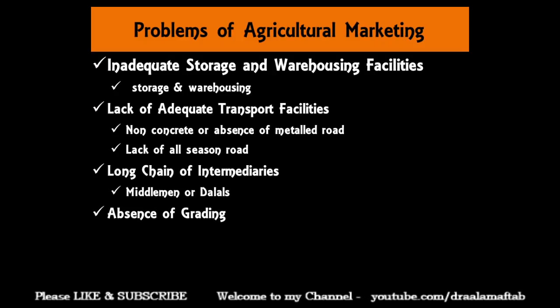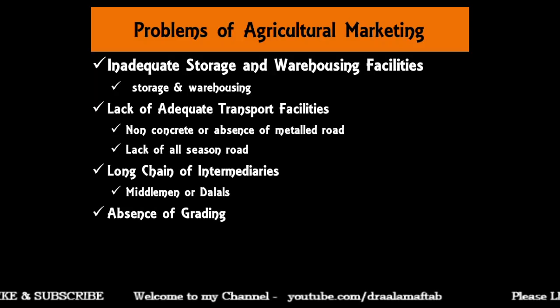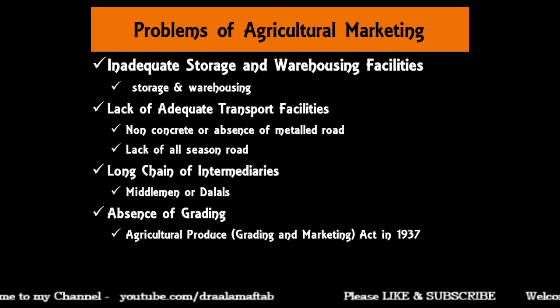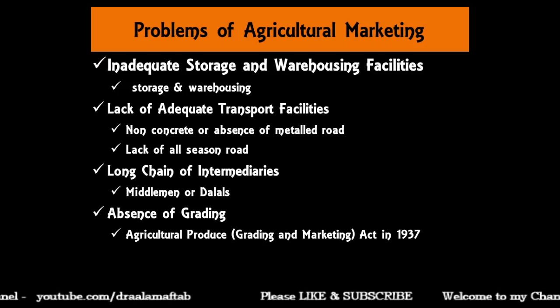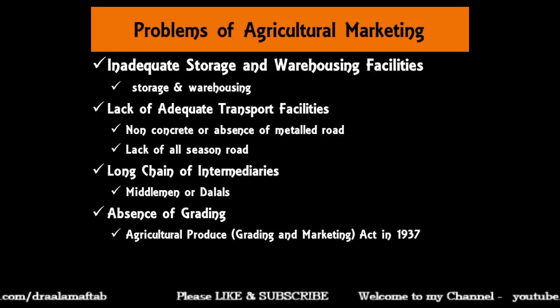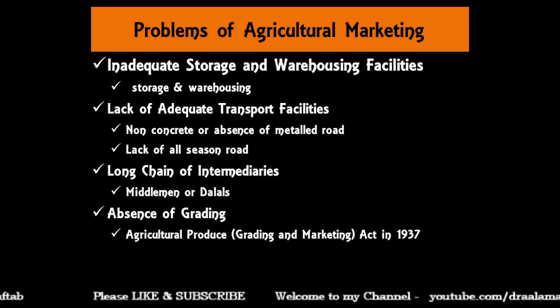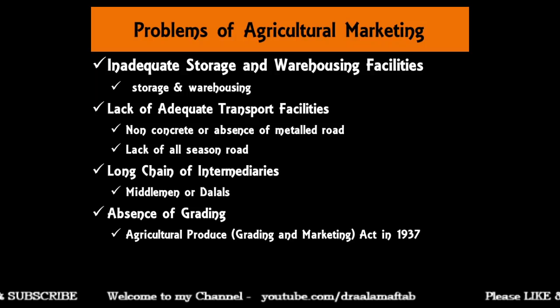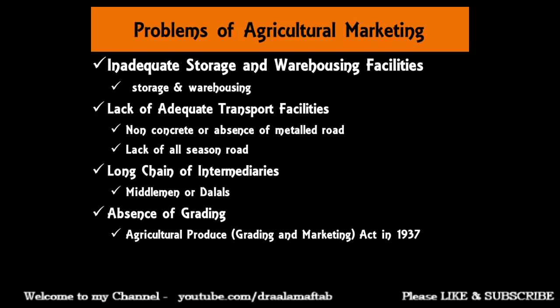Next is absence of grading. You hardly find grading of agro products. Yes, nowadays in urban areas, you will find graded and packaged wheat, rice and pulses.